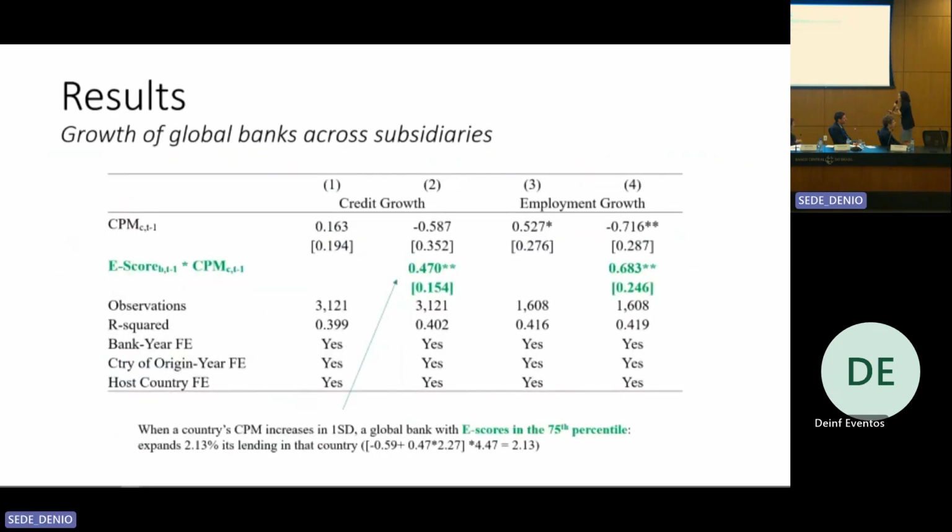And here, with this very different exercise, we again find that green banks, or global banks that have higher environmental scores, are entering more aggressively in countries that have higher climate policy measures. This coefficient implies that when a country's climate policy measure increases by one standard deviation, a global bank with environmental scores in the 75th percentile is going to expand its lending by 2% in that country.